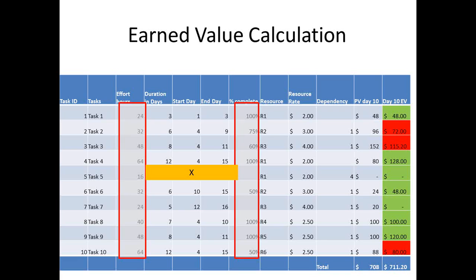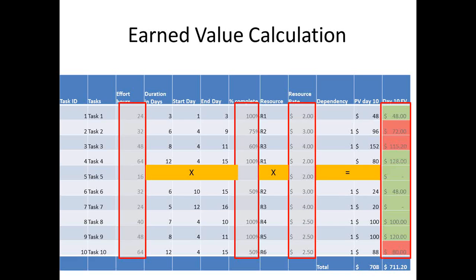So you're taking those hours, multiplying it by the respective percent complete, and then you again multiply that by the resource rate, which is the amount spent doing every hour of work, and that gives you the last column. Okay. Now this is just for day 10. What that means is this is not for the whole project, but as of day 10, where is the project at any given point? Now let me just back up a little bit here.